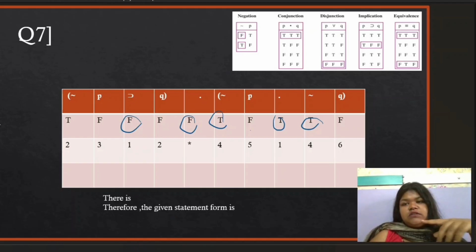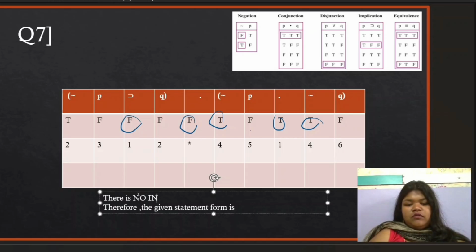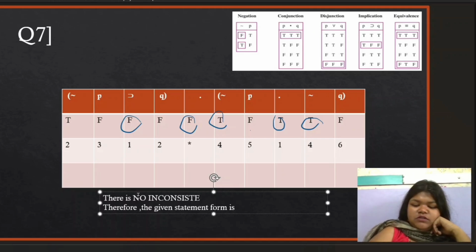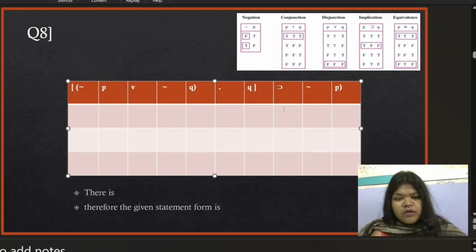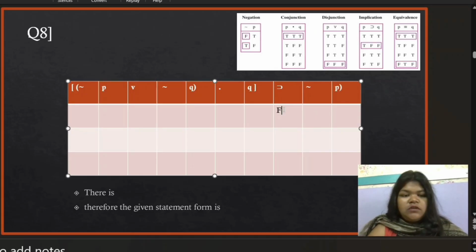So your answer is, there is no inconsistency. So the given statement form is not a tautology.